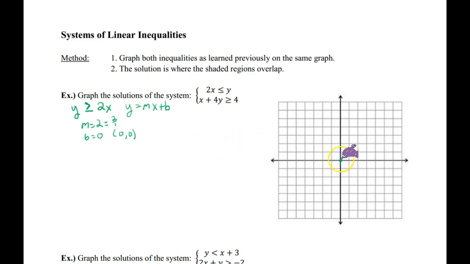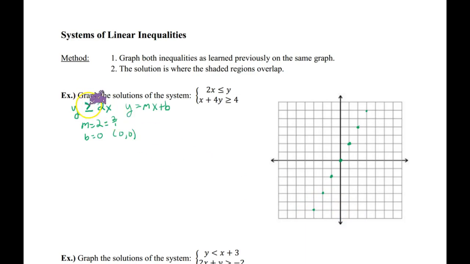So from here I would move positive 2 and then positive 1. And I could keep doing that to make more points on my graph. Or two negatives make a positive, so I could go negative 2, negative 1, and get even more points on my graph.